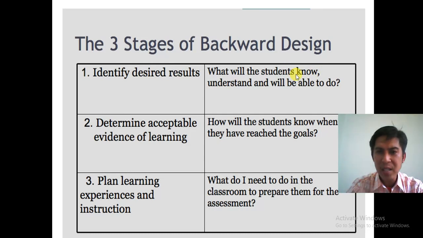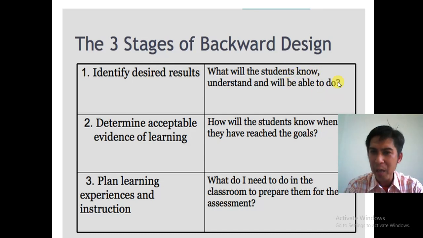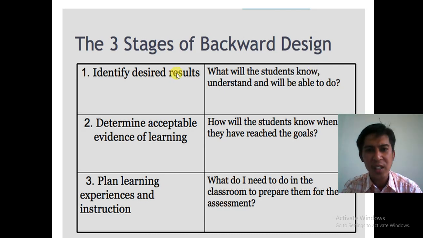It must include being able to do, performance, demonstration of learning. It doesn't only have to end in a quiz and test and multiple choice test. Then finish. That's not the desired result we want. We want them to demonstrate knowledge, to show knowledge, apply knowledge in real life.